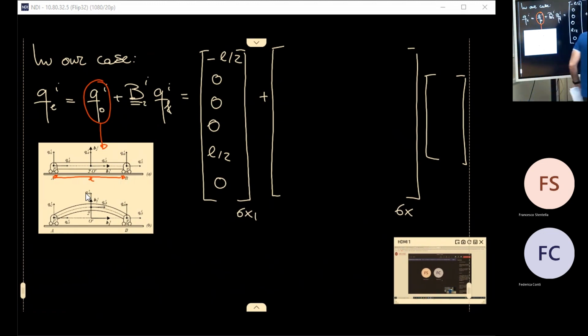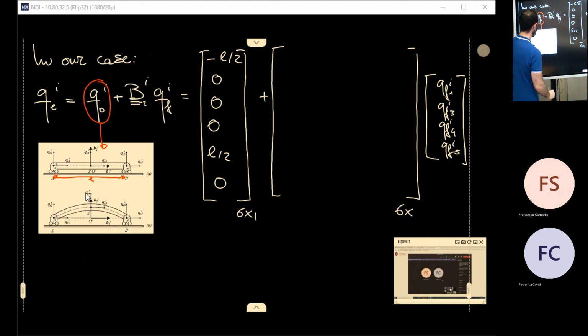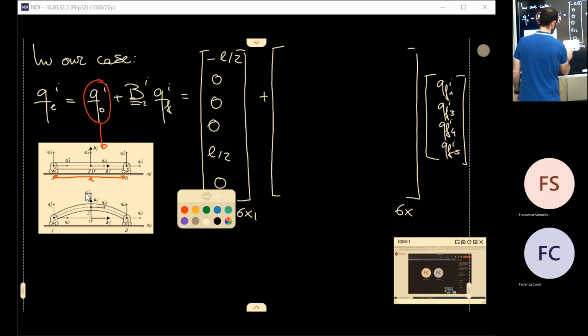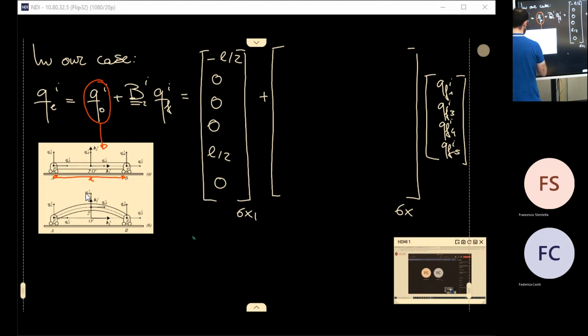Okay. So here I have, for example, in our case, QF1, QF3, QF4, and QF5 for the body number I. So, for you to be clear, what we are basically assuming is that this is possible, this is possible, this is possible, and this is possible.